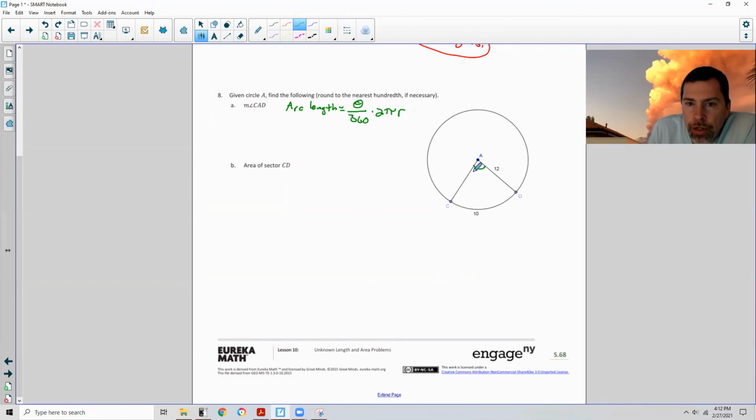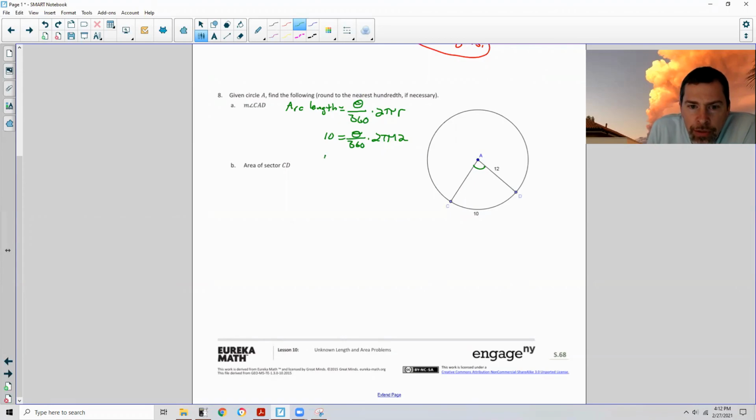And so my arc length in this case is 10. That's why I always say write a formula, substituting the givens. Arc length is 10 equals some angle that we're trying to find over 360 times 2 pi 12. The only thing we don't know is that angle.